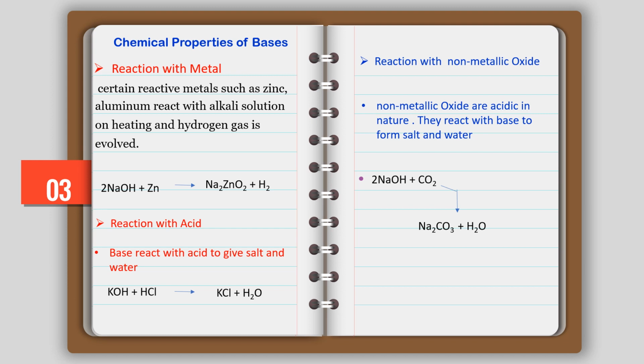Such reactions are called reactions of base with metal. Reaction of base with acid is the same as that of acids: acids react with base to form salt and water, similarly base reacts with acid to form salt and water.